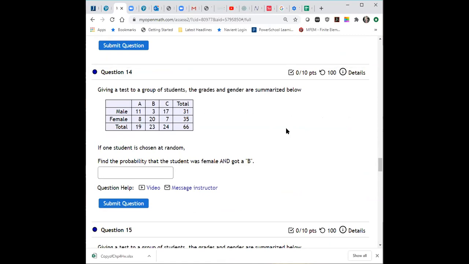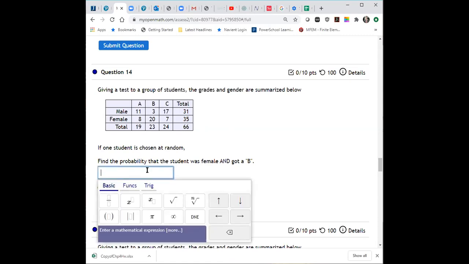Okay, number 14. For this one, you simply look at the number of female in code B. Female in code B will be 20, right?